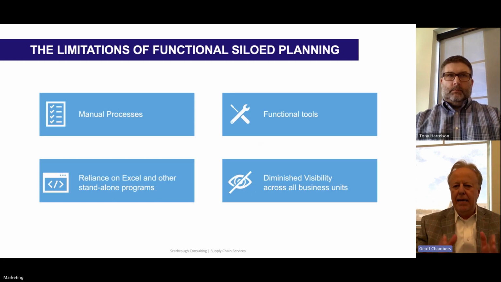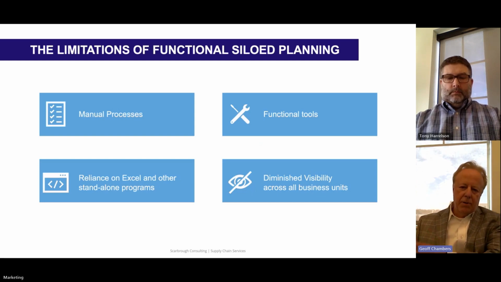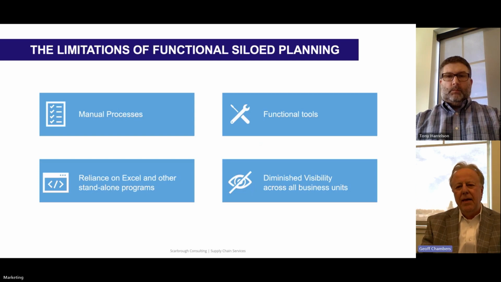So IT had a silo, finance had a silo, operations had a silo, supply chain had a silo. So the goal of the functional siloed plan in its infancy was okay at the time.